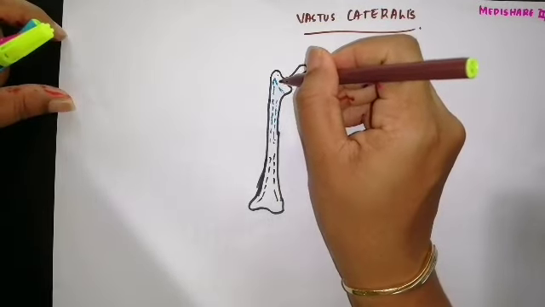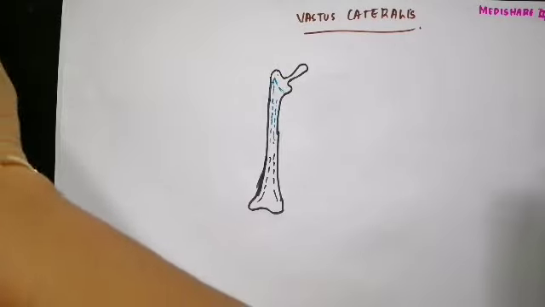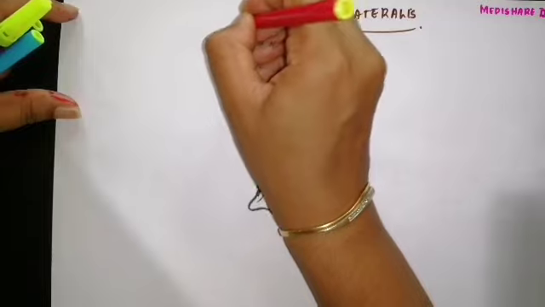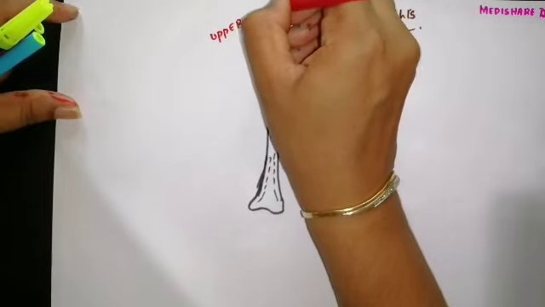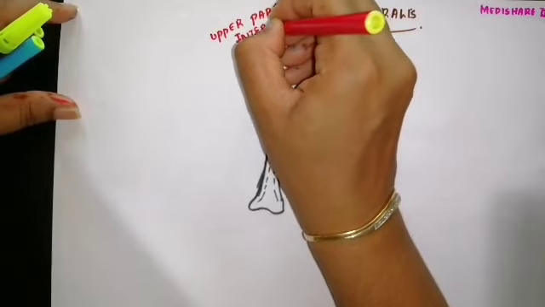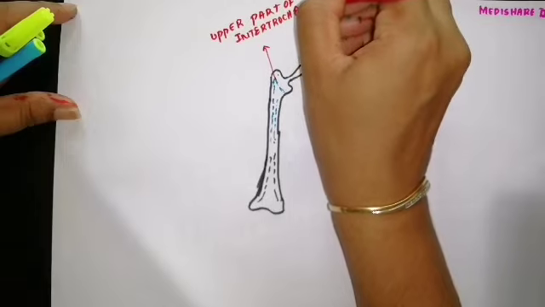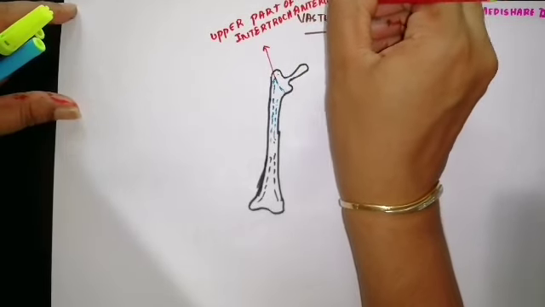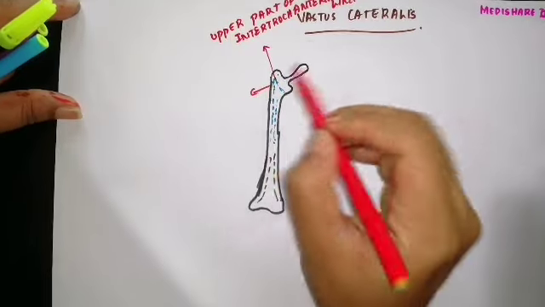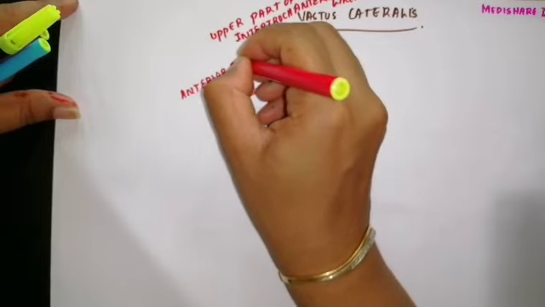It arises on the upper part of the intertrochanteric line, and you can see the anterior and inferior border of the greater trochanter.